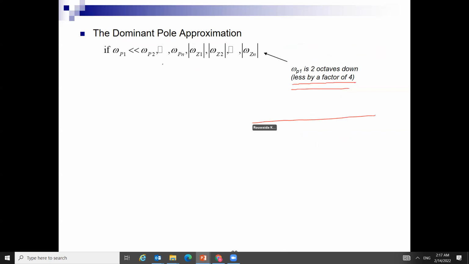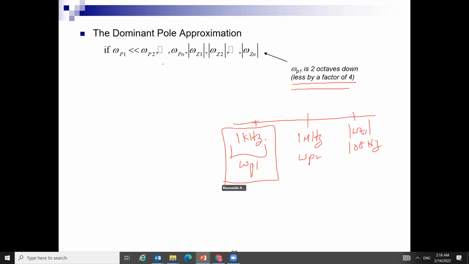يعني for example إذا أنا عندي هون 1 megahertz هي omega P2 وإذا عندي magnitude of omega Z1 at 10 gigahertz, okay, and then I have a frequency at, let us say, 1 kilohertz, omega P1, then I can easily say this is the dominant pole, because 1 kilohertz is definitely much less than the 1 megahertz, right?